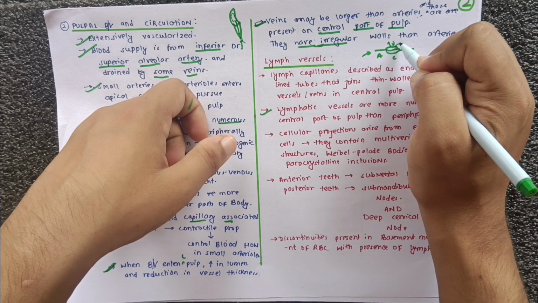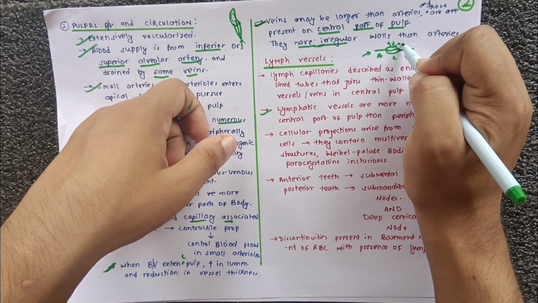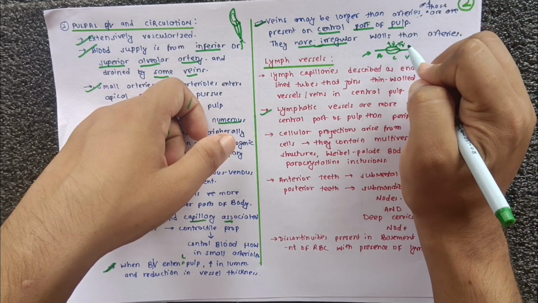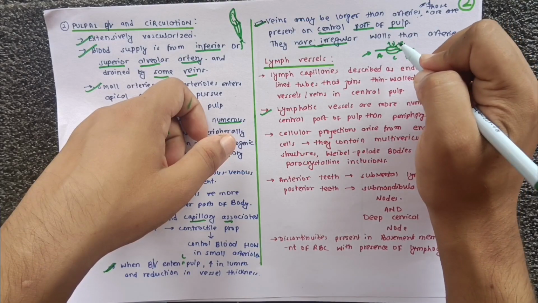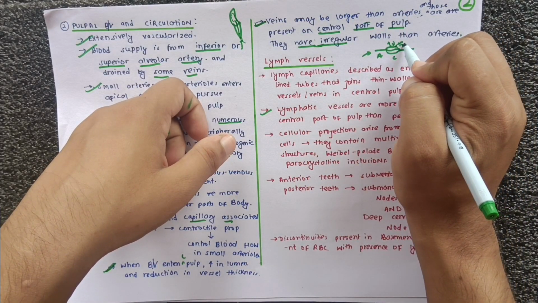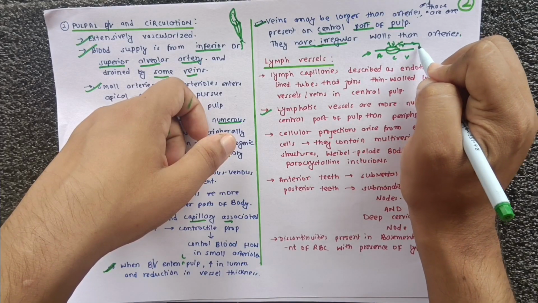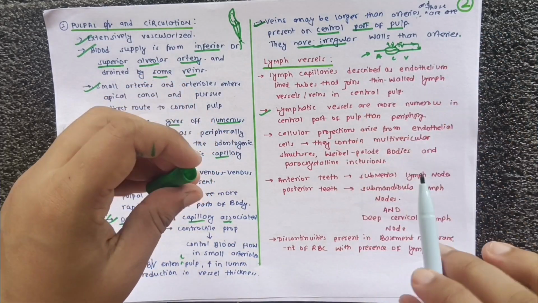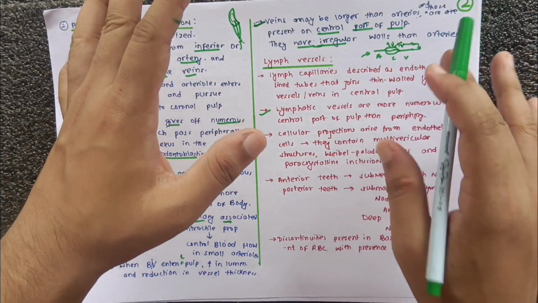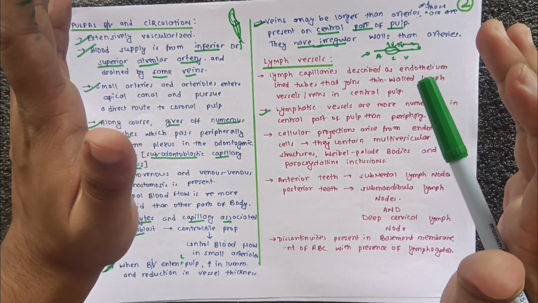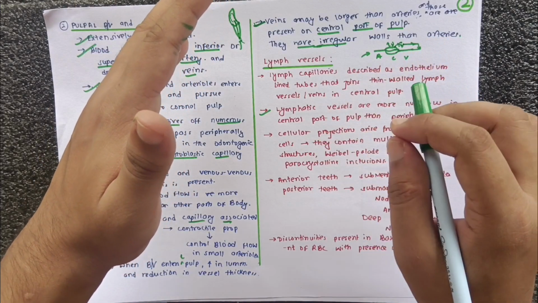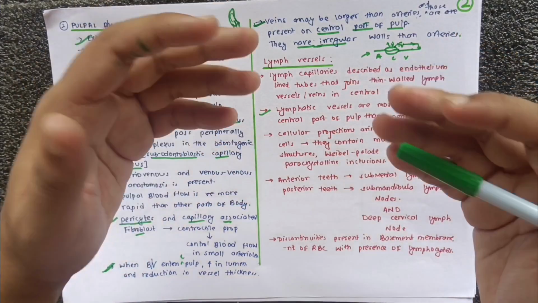The fluid that comes from the capillaries stays in the intercellular space, and from that space it is drained by the lymph vessels. Those lymph vessels finally drain into the vein. I think you know this, so I won't stress much on it. Again, the blood comes from the arteries and reaches the capillaries, where there is gaseous exchange. Everyone knows this.